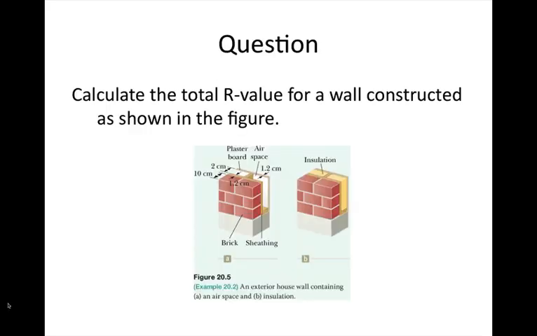So here's a question for us to try. Calculate the total R value for a wall constructed as shown. So we've got bricks, we've then got some sheathing, we've got an airspace, and finally we've got some plasterboard. Okay, so let's just draw a little diagram. We've got bricks here, and there's 10 centimeters of bricks.